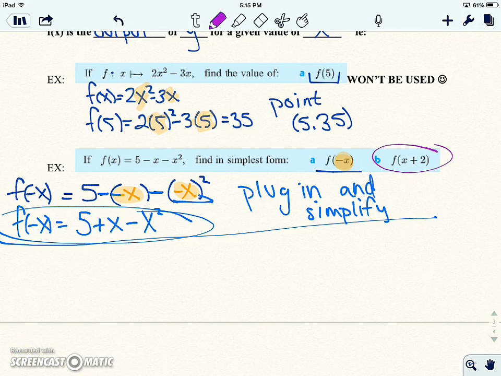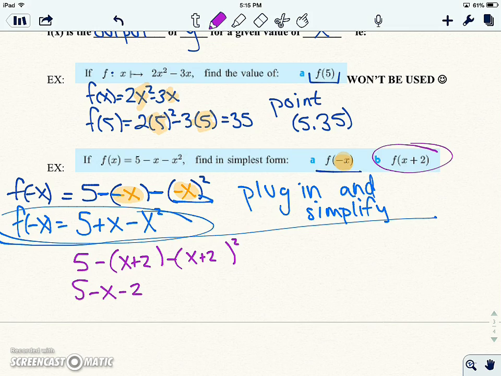Part B is the same idea, but everywhere there's a parenthesis, you put in x plus 2. And then you simplify, and it's just an algebra problem. So we're going to have 5 minus x minus 2, because I'm going to distribute the negative. And then I need to FOIL this.